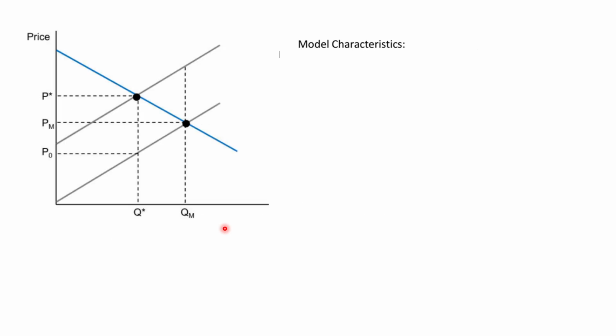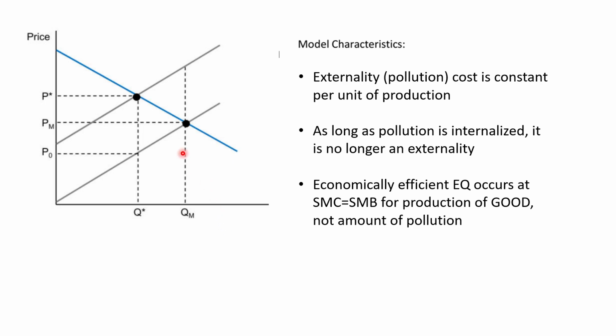Here's another example. We've seen this model before, where we can categorize Qm as overproduction because there's an externality. So we have a relative optimal here. We can say that this is the optimal, this is overproduction. And why is this the optimal?